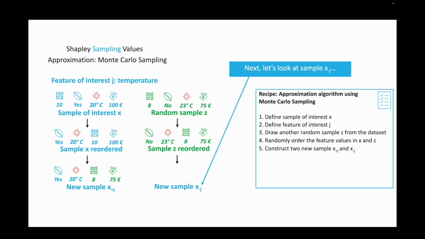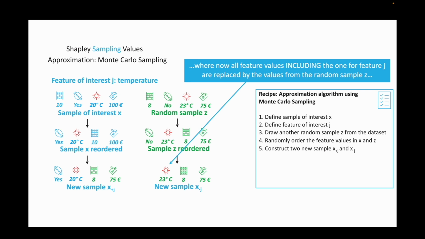Next, let's look at sample x sub negative j, where now all feature values, including the one for feature j, are replaced by the values from the random sample z, and only the feature values that are placed before feature j in our list are filled from the sample of interest x.